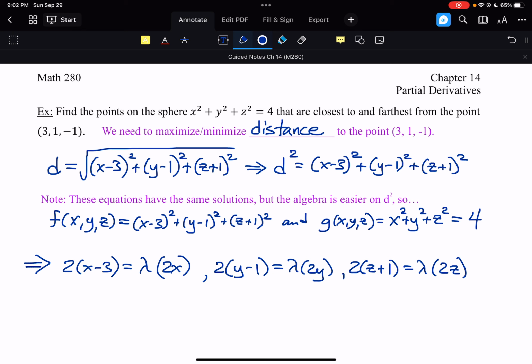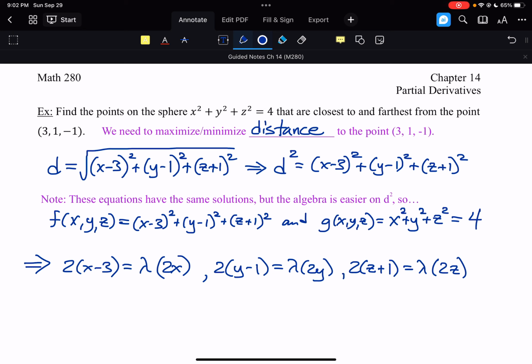Now, again, there's not necessarily only one way to solve each of these problems, but there's definitely going to be an easier way. In this case, I want us to notice that this equation is in terms of x and lambda, this equation is in terms of y and lambda, and this equation is in terms of z and lambda. So they're all only one variable and lambda. What we could do is put each of these variables in terms of lambda, then put everything in terms of lambda, solve for lambda, and then get the x, y, and z.